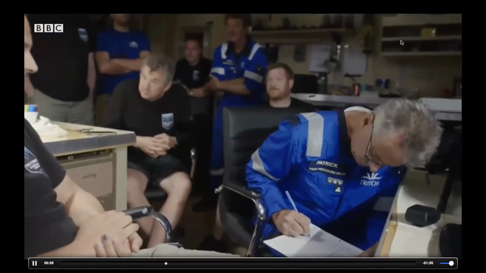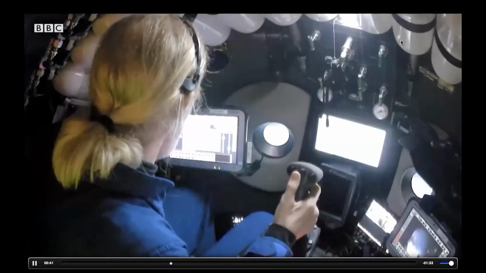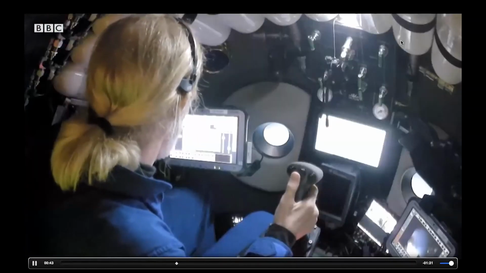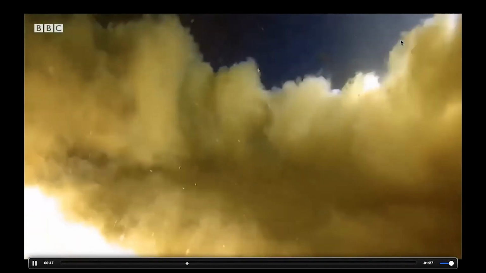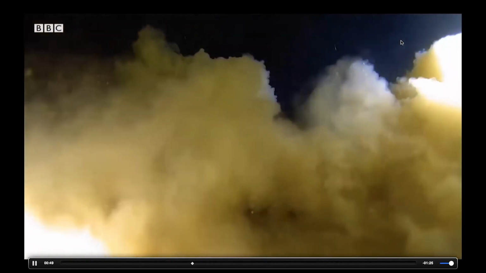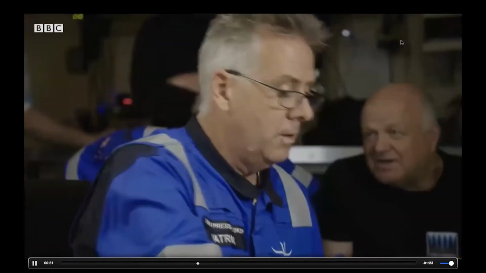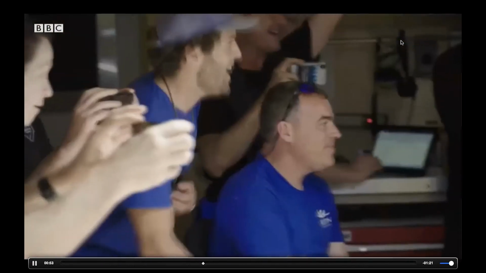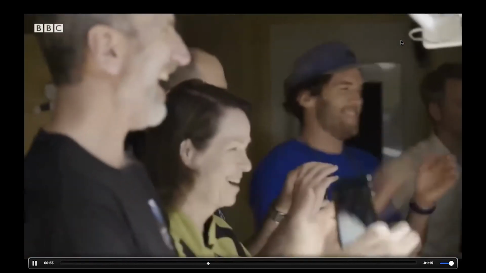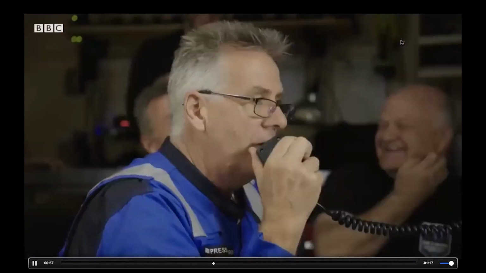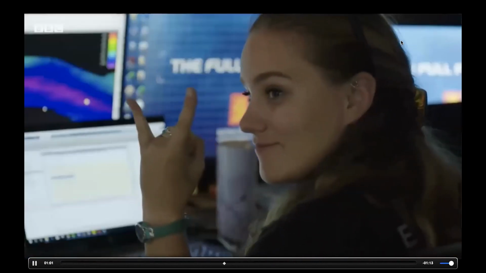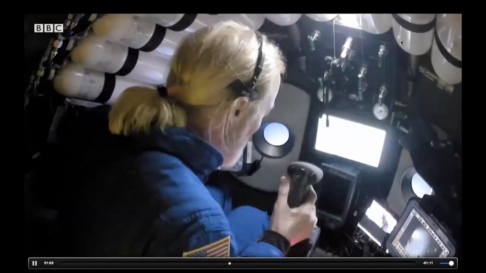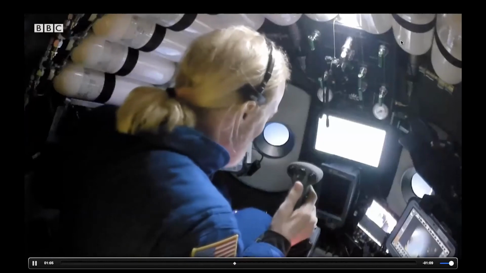Life support, good. Depth 109 or 28 meters. At bottom, repeat, at bottom. At the bottom? Yep. Roger, LF. Understand you are on the bottom. Congratulations, Victor. Congratulations. Well done. Beginning exploration of the bottom.